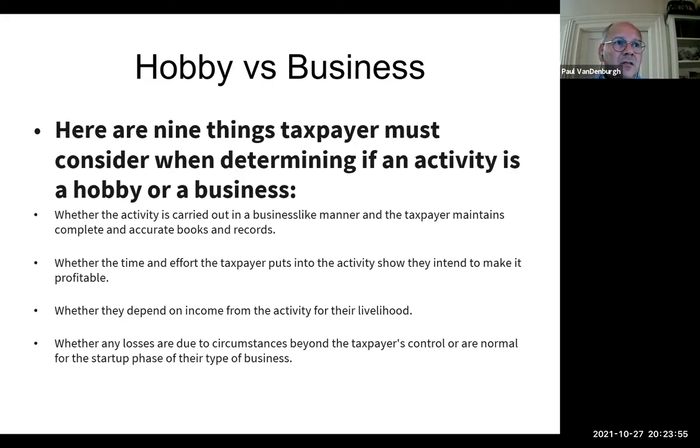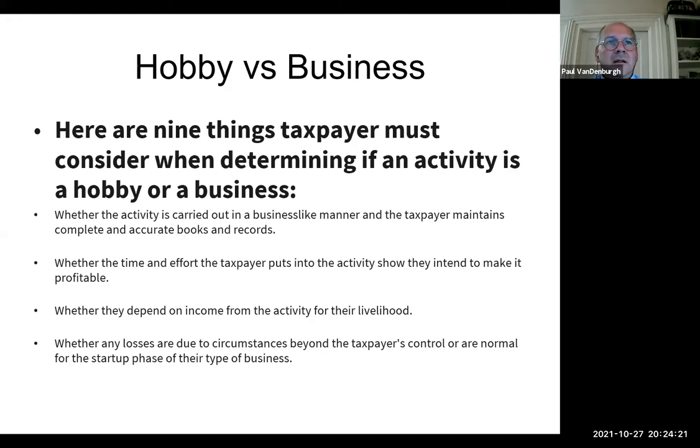Keep business, business, and personal, personal. You have a business checking account, you have a personal checking account. The business account may need to have funds coming into it to keep the business going. Fine. Make a transfer of funds from your personal account to the business account. But all the business activity goes through the business bank account.